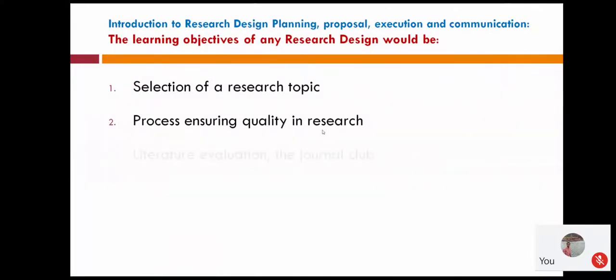Next thing, literature evaluation, the journal club. How to evaluate literature is a very tricky thing. There are thousands and thousands of articles. Which literature has to be taken?